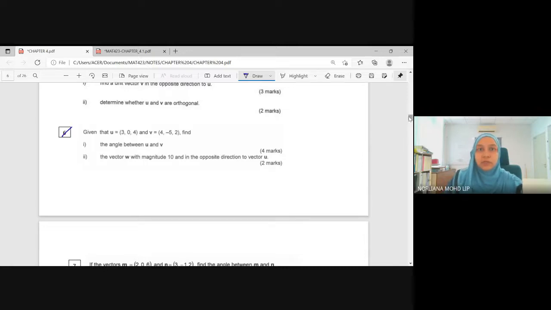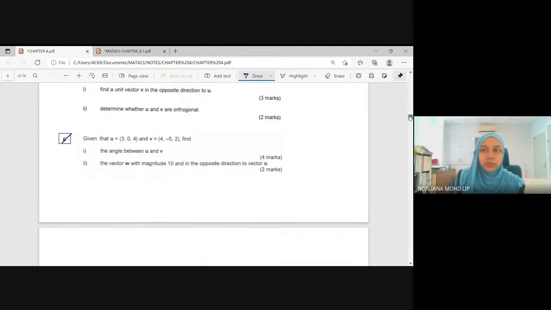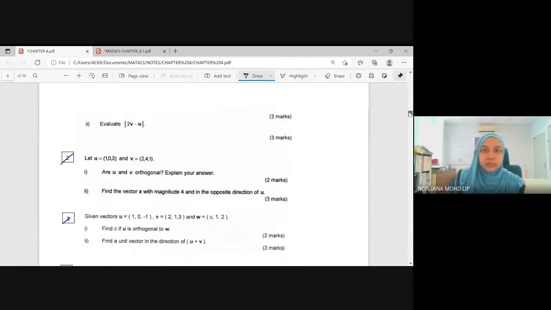Walaupun tak masuk final, tapi untuk third assessment tu percentage dia 30%. Untuk second and third subtopic ni more kepada proven theorem. Next session kita akan tengoklah how to prove the axiom.